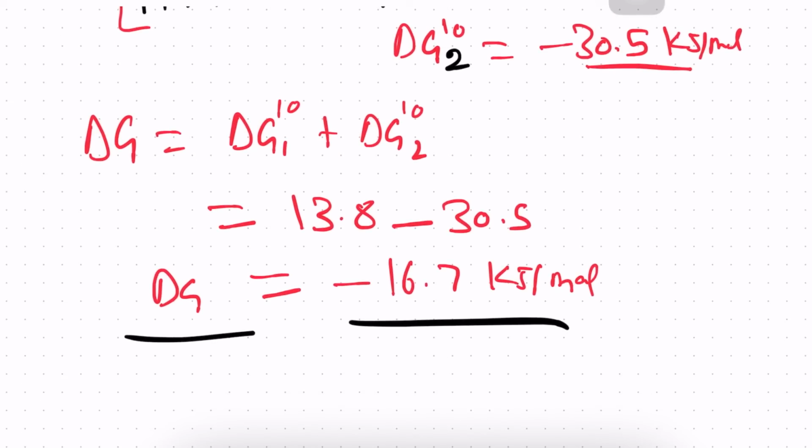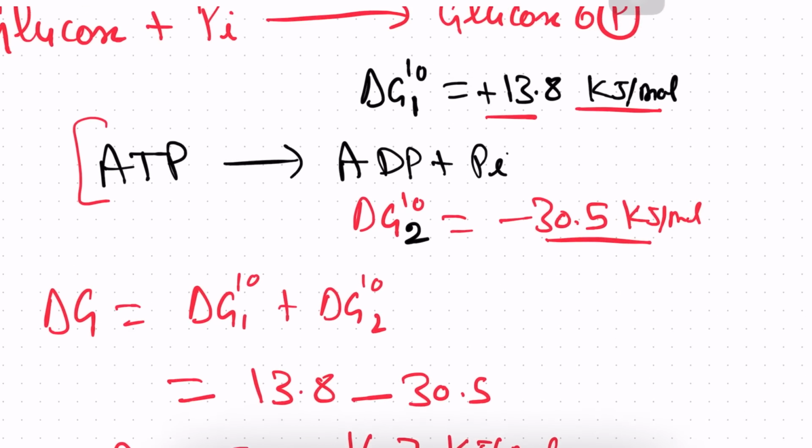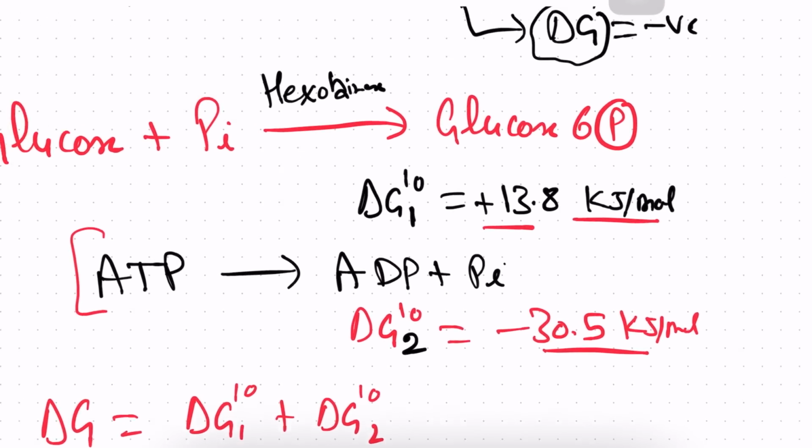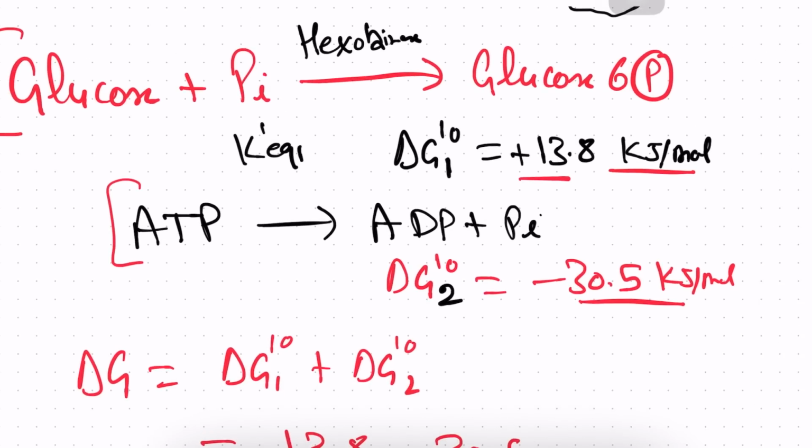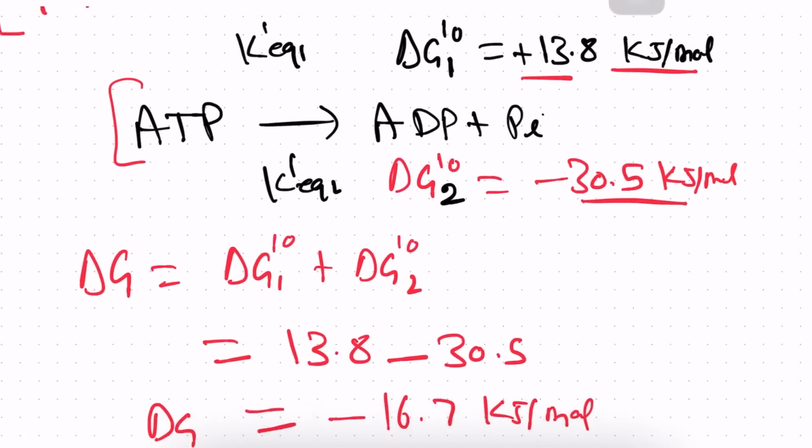Now I also want to tell you about K equilibrium. Let's denote K equilibrium 1 for the first reaction, and K equilibrium 2 for the second reaction.